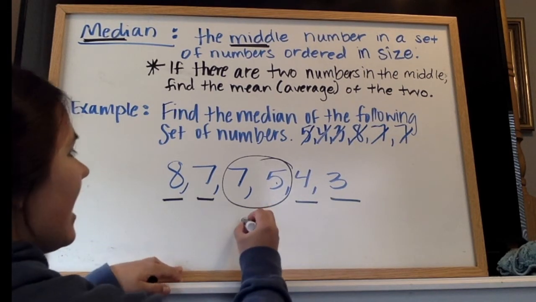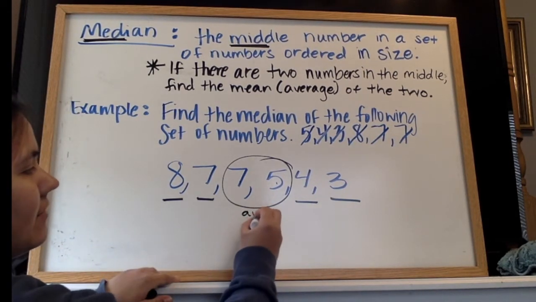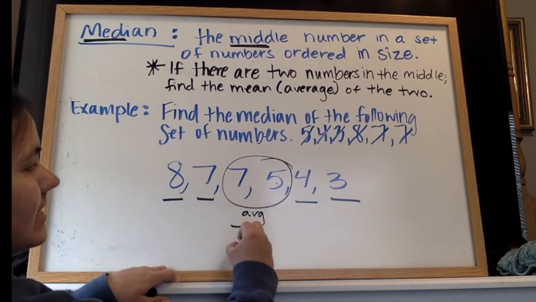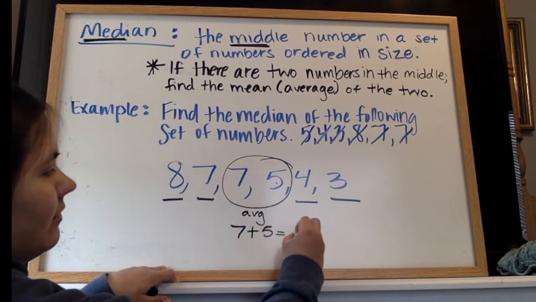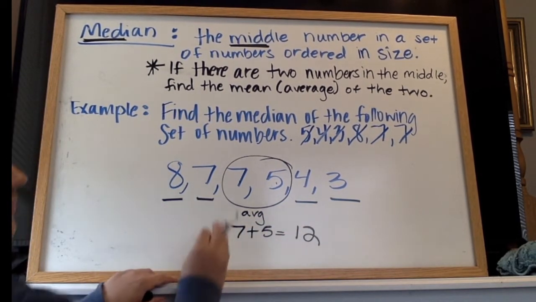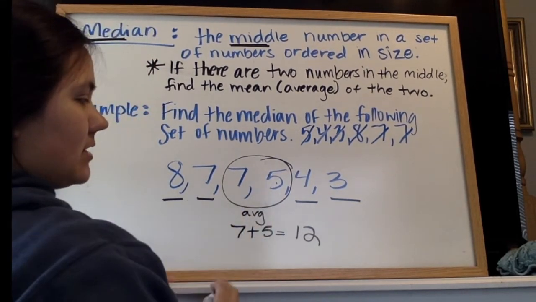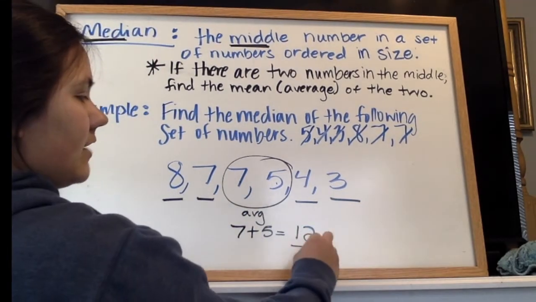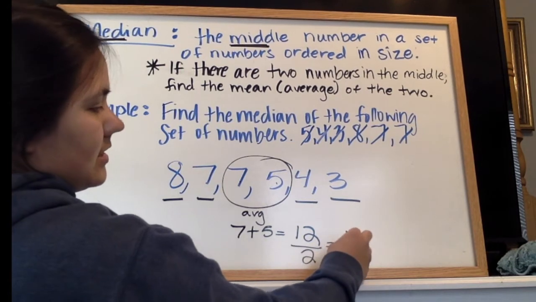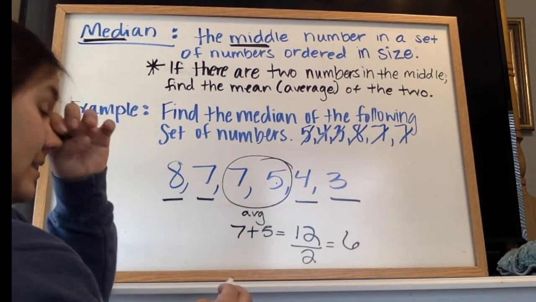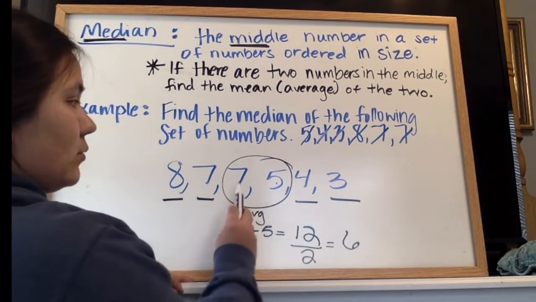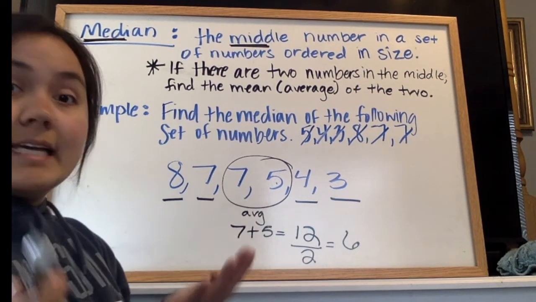So to find the average of 7 and 5, I need to first add 7 and 5, which would get me 12. And then I'm going to divide by 2 since there's two numbers here. 12 divided by 2 is 6. And that does make sense because in between 7 and 5 is 6.